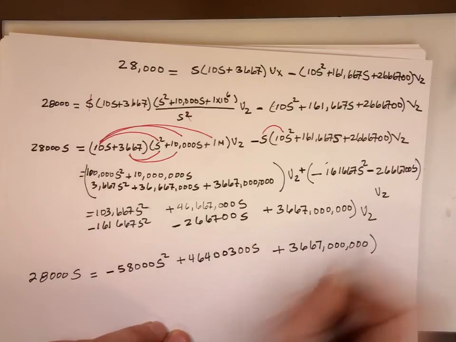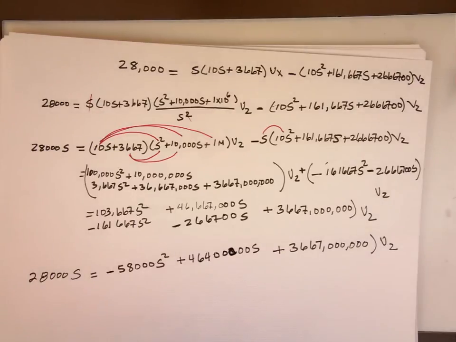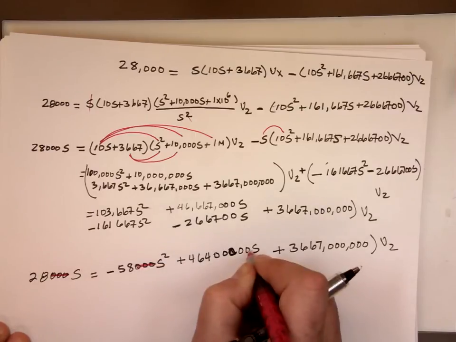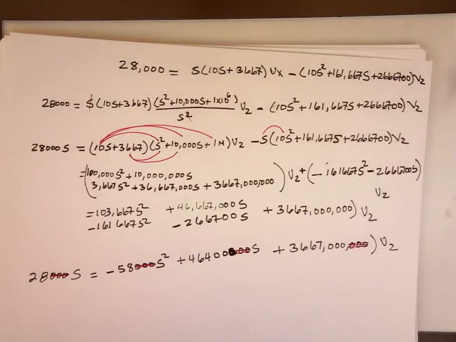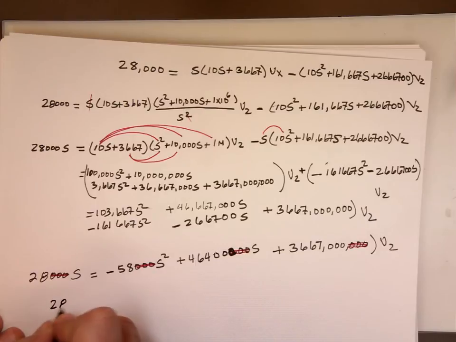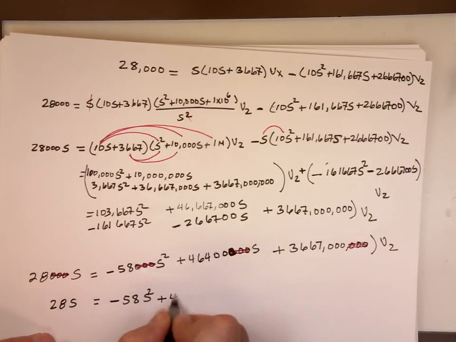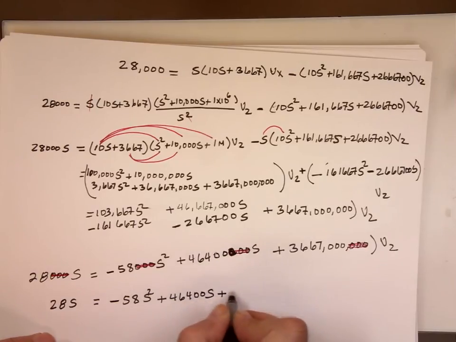And the reason I like that is because I can drop 1,000 out of each one now to make the numbers more manageable. So you get 28S equals negative 58S squared plus 46400S plus 3667000 V2.